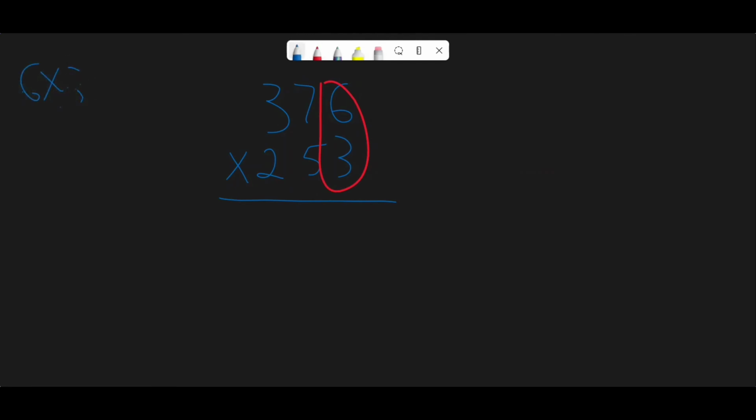So we start off here. 6 times 3, let me erase that. So 6 times 3 equals 18. 7 times 3 equals 21, plus the 1, so we get 22.